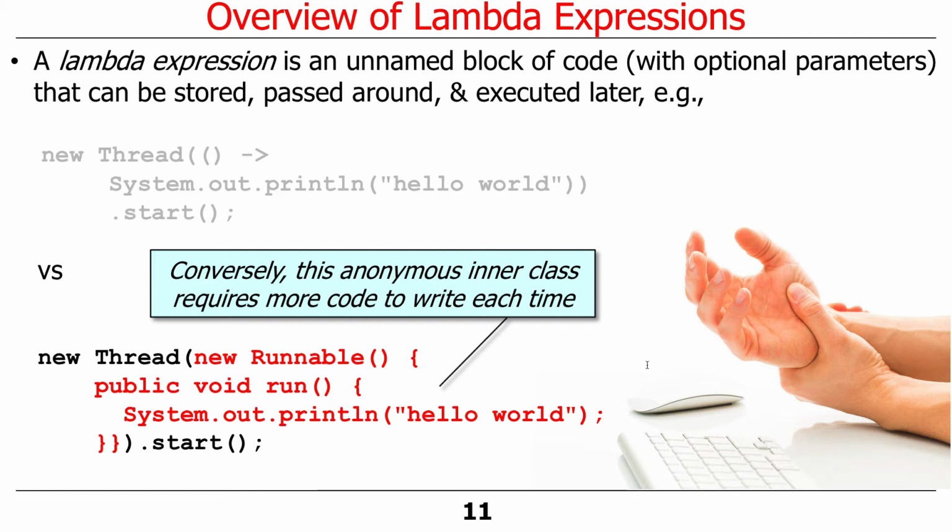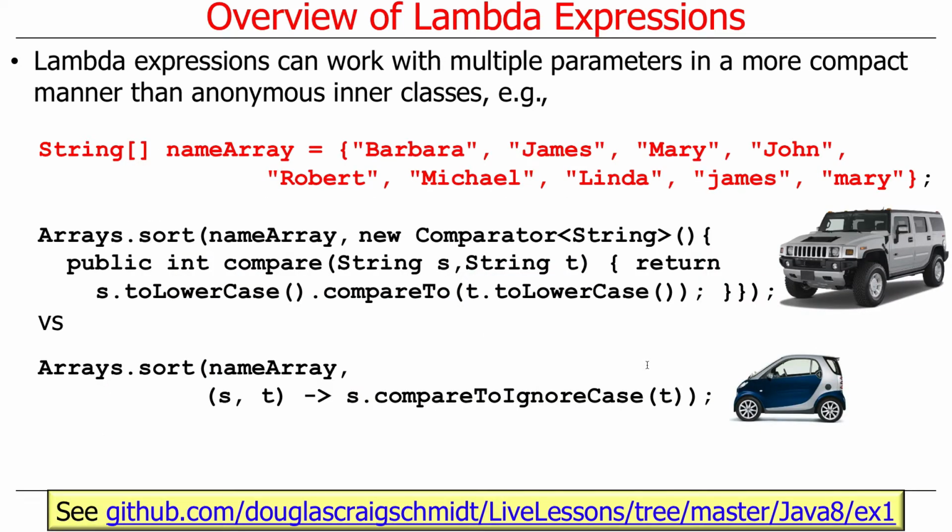All that stuff that I have in red, except for System.out.println hello world, that's all just sort of syntactic vinegar. It's not syntactic sugar, it's syntactic vinegar, because it makes you do extra stuff. It's not very tasty. And so what you can see with the lambda expression in contrast is it just gets to the essence of the computation and doesn't distract you with all this extra syntax. So it's more concise, it's more compact.